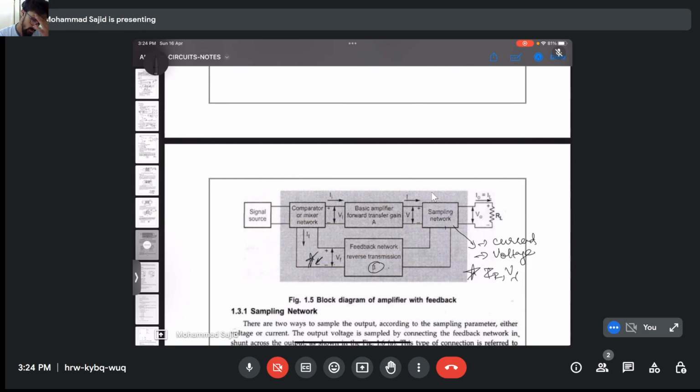Then it is applied to the comparator that mixes either IF or voltage here, right?